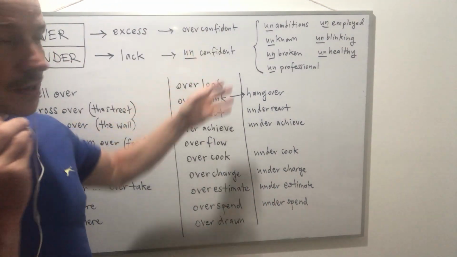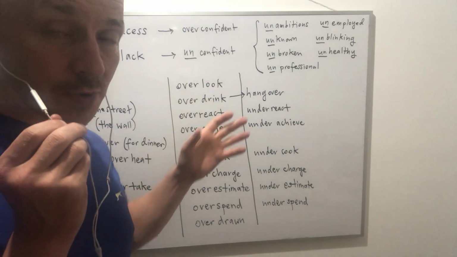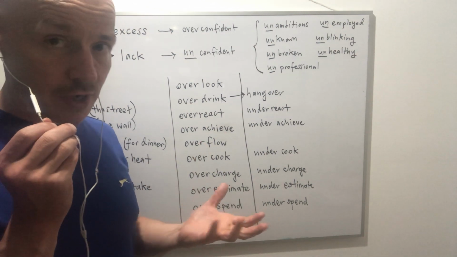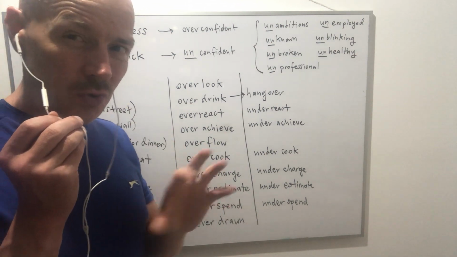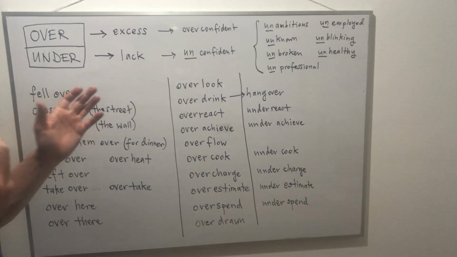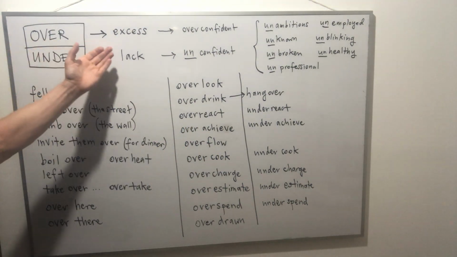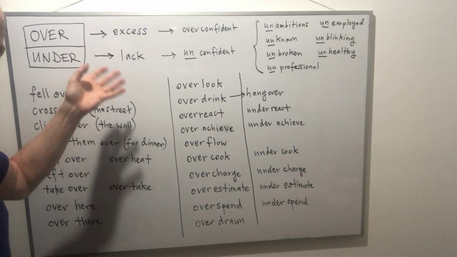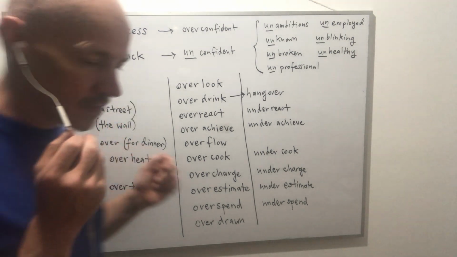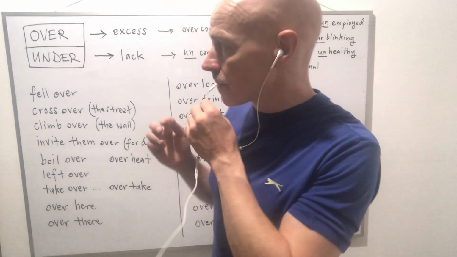Hopefully with these you can start to see a pattern. The idea with this is when you start looking, particularly if you come across new words in things you're reading, and you're not quite sure what that means, if you remember generally, over, we're trying to indicate some type of excess. It's like too much of, a surplus of something, more of.